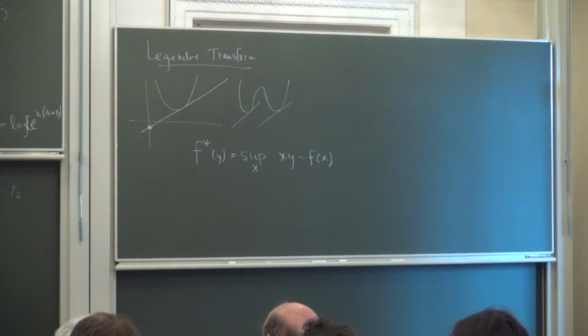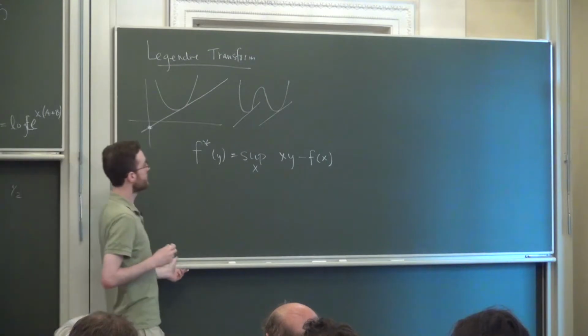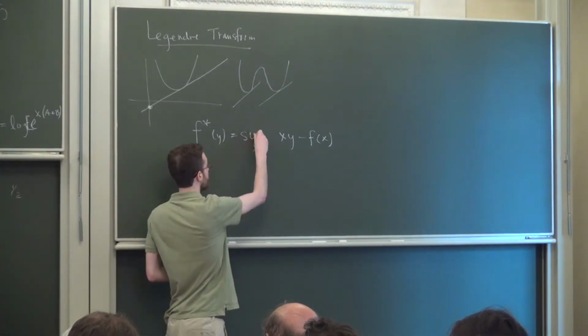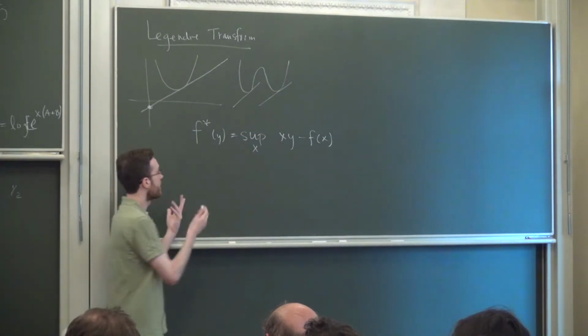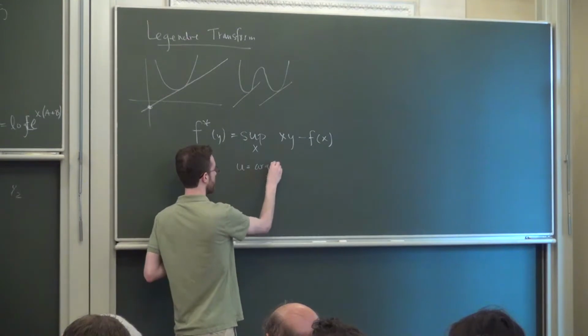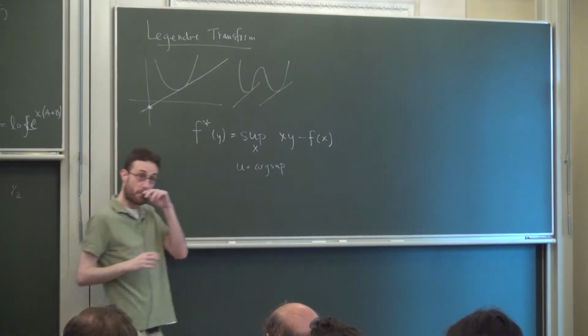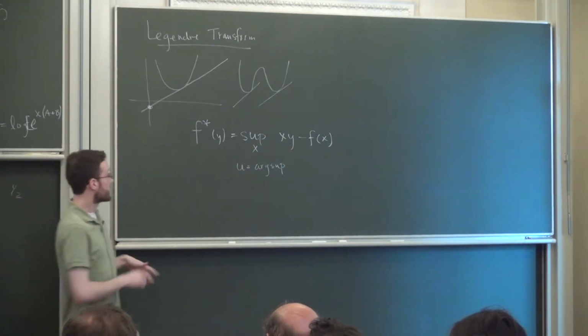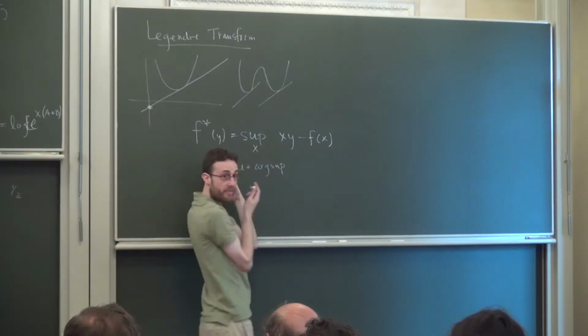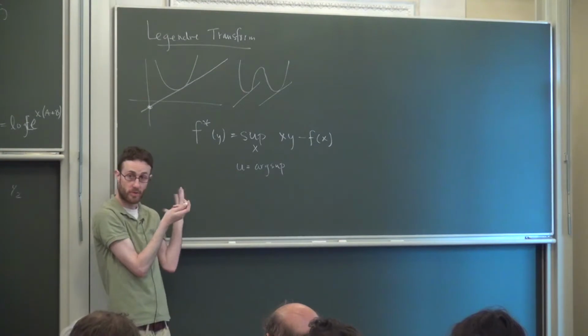Okay, so why do we care about this thing? Well, let's say I was actually trying to solve this equation, and I said, well, let u be the arg sup of this thing. Then what does that mean? That means when I plug u into the derivative, it should be 0, right?